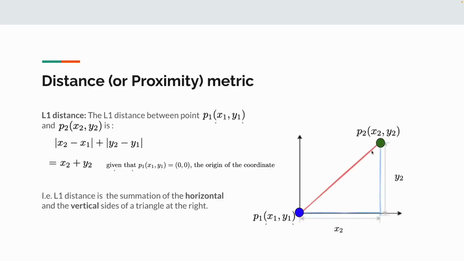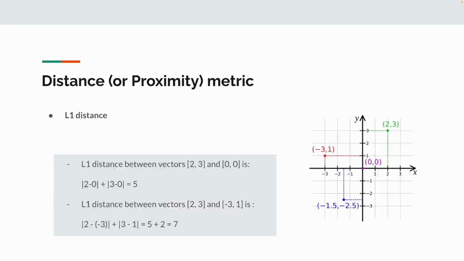Pictorially, L2 distance is the red line and the L1 distance is just the blue two sides of the triangle. Okay. So we now know two distance metrics, L1 distance and L2 distance. Here I'm showing some examples. You can check whether the calculations are right or wrong.